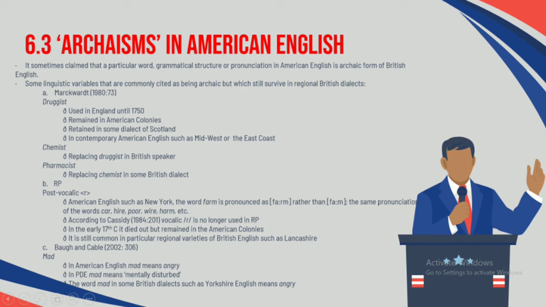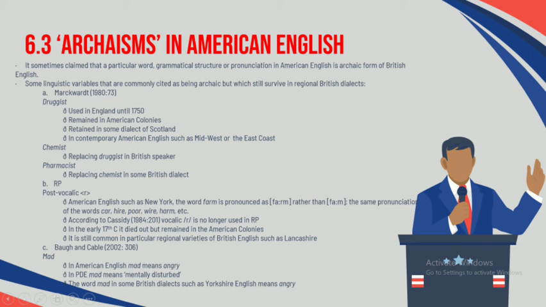And then the second is received pronunciation. The example is post-vocalic R. In American English, such as New York, the word farm is pronounced with the R rather than without it. The same pronunciation applies to the words car, hire, poor, wire, harm, and other words.